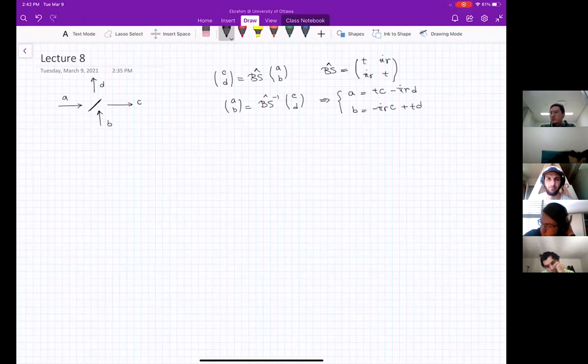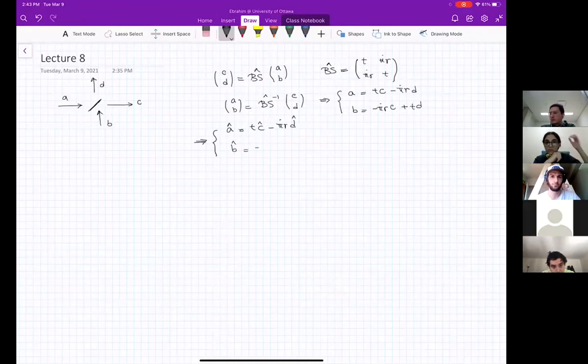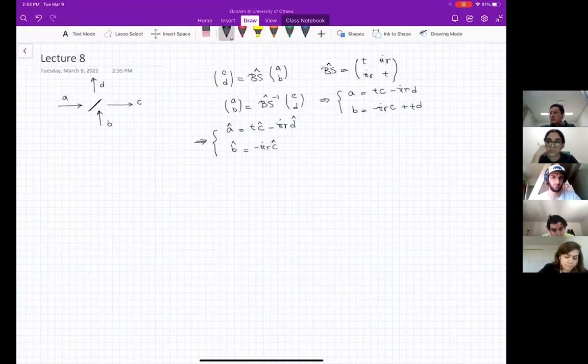And then we say that in quantum optics language, essentially these electric fields are linked to each other, so we can go with creation and annihilation operators. Then essentially the A operator is linked to T C operator minus I R D operator, and B is minus I R C plus T D operator.